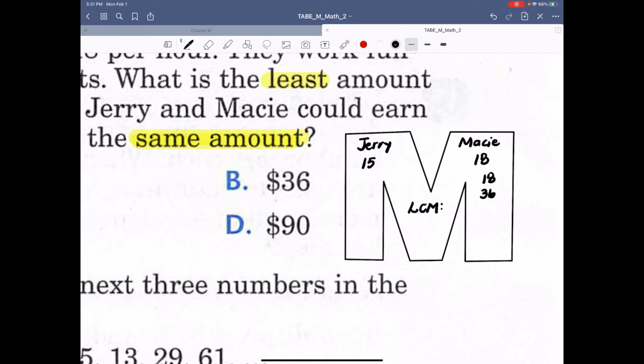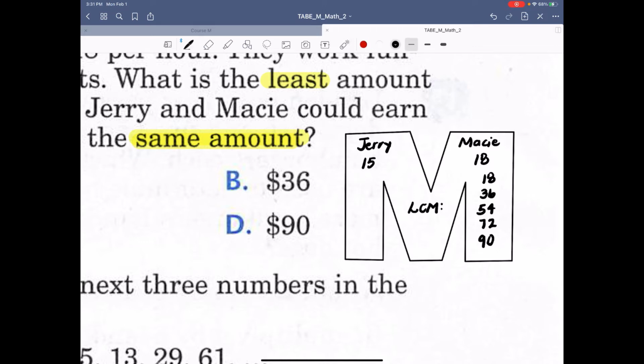I'm trying to, guys. There we go. 18 times 3 is 54. 18 times 4. 18 times 5. Okay, let's try that 90. I think that one might work, but let's see.